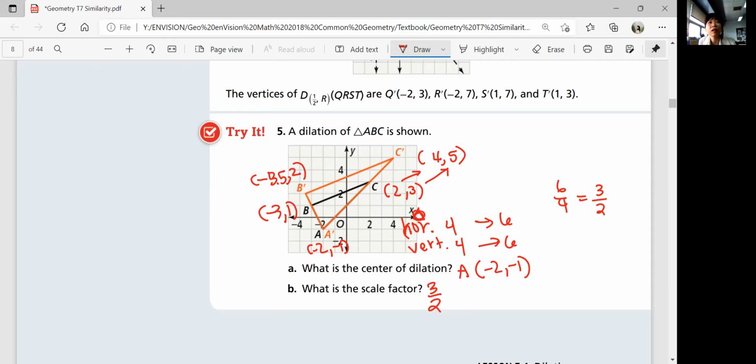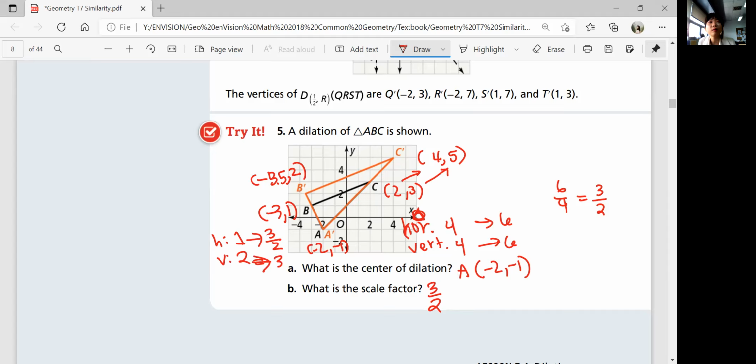So the distance from A to B, horizontally is 1, and then vertically, -1 to 1 is 2. Okay, and then you multiply by the scale factor, 3 over 2. So the distance horizontally is going to become 3 over 2. And then 2 becomes 3.